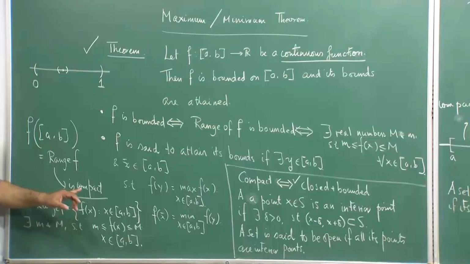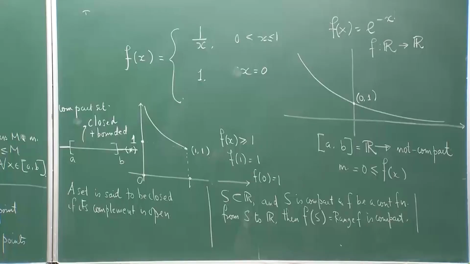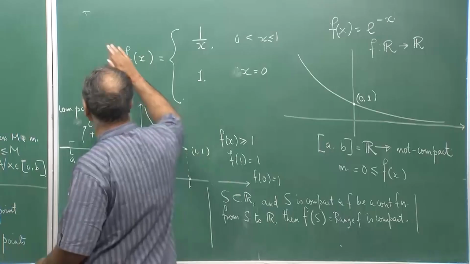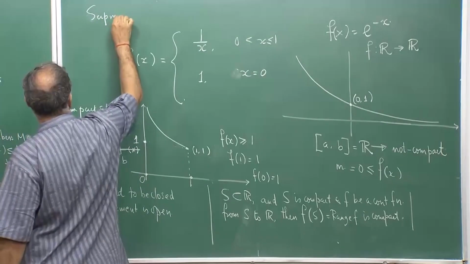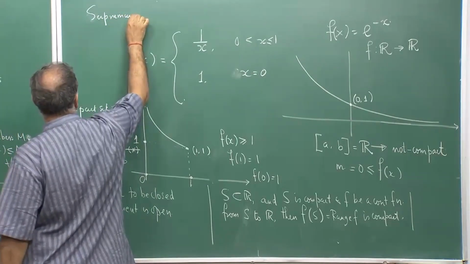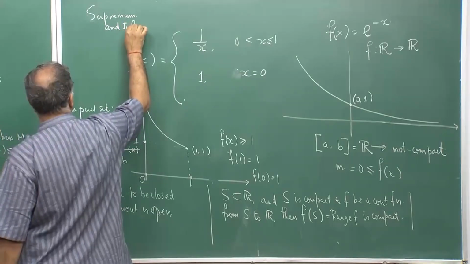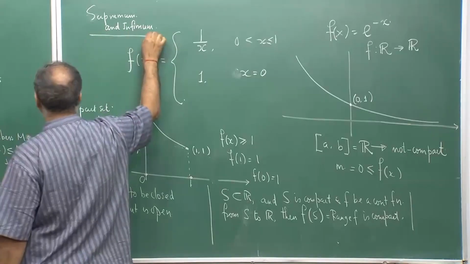But here we have proved the first part. Now, what about the second part? For the second part, we really have to go back to something more fundamental, which is called the supremum and infimum. And that is the topic of the next lecture.